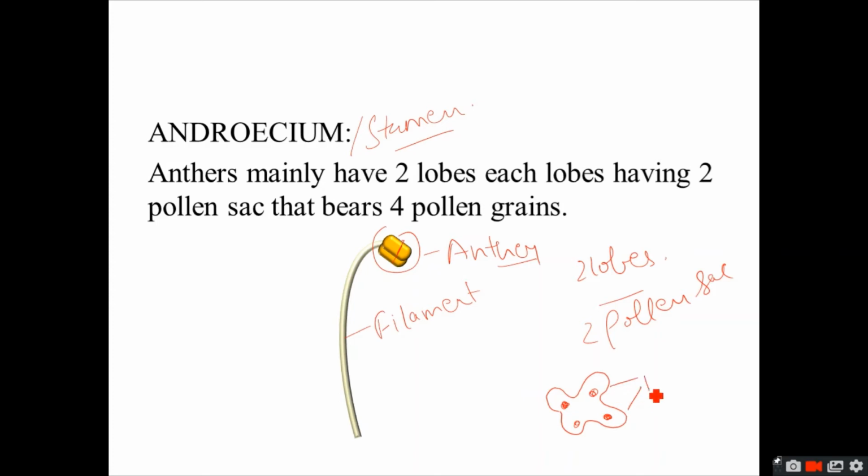So these are basically the pollen sacs within which the pollen grains are present. Now these pollen grains which are present within the anther are transmitted to the stigma part of the female part, and from there the reproduction starts in a bisexual flower when this pollen grain reaches the stigma.